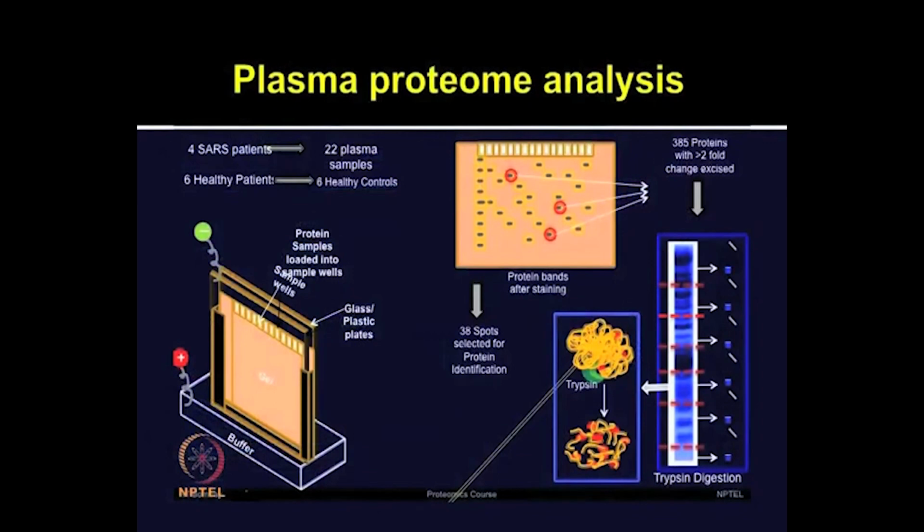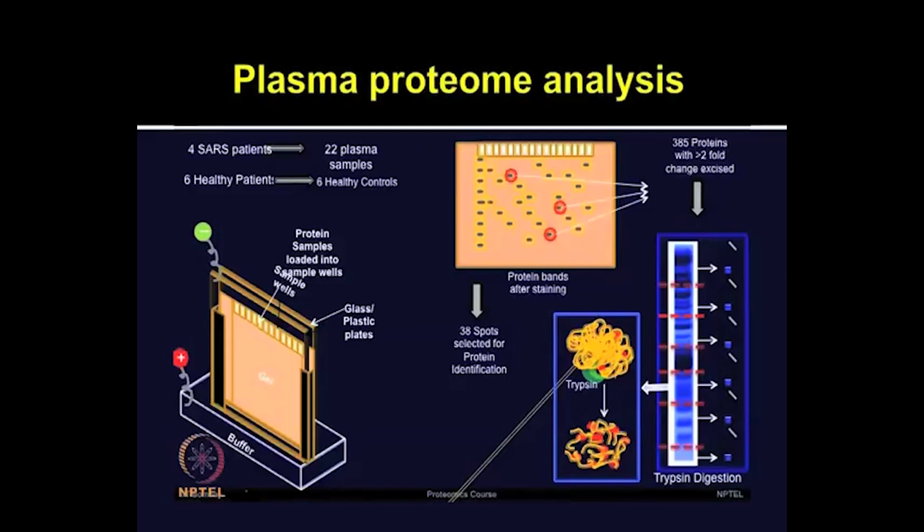The authors analyzed the plasma proteome using two-dimensional electrophoresis on pH 4 to 7 immobilized pH gradient strips, and they stained the gels with a sensitive stain, SYPRO Ruby. On the slide you can see the steps involved in traditional two-dimensional electrophoresis followed by mass spectrometry. For both the controls and the treatments, the healthy individuals as well as patients suffering from SARS, the plasma was separated and then proteins were resolved on 2D gels.